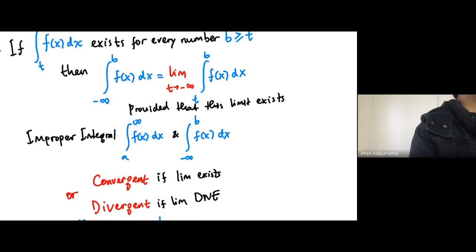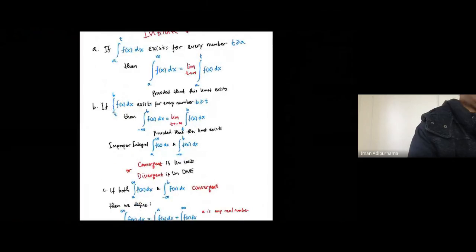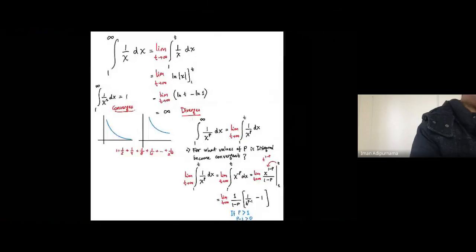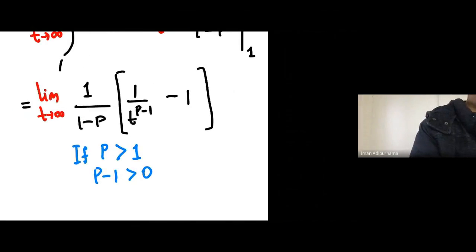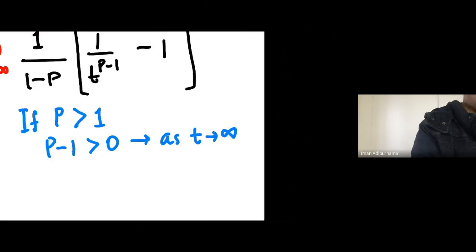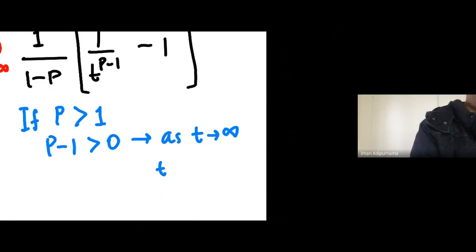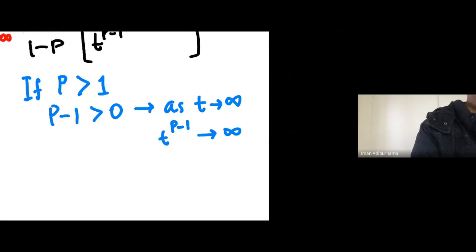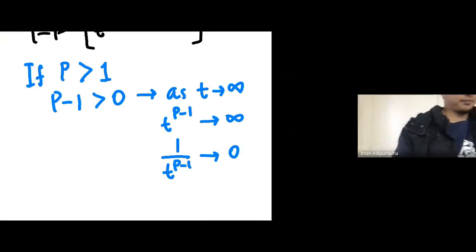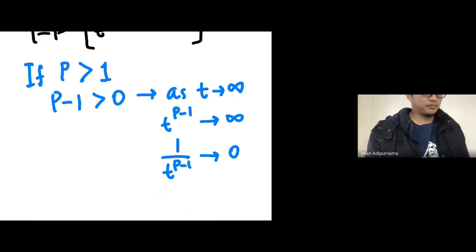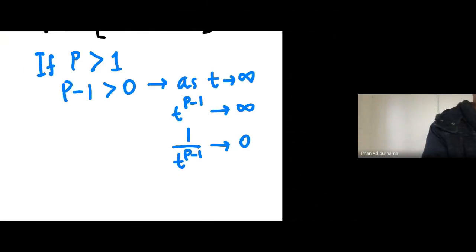Okay, maybe any questions first? And then this part. Let's continue. So as t goes to infinity, if you have p minus 1, this all will go to infinity, right? And if you have 1 over that, it is going to be 0, right? So this is the conclusion.